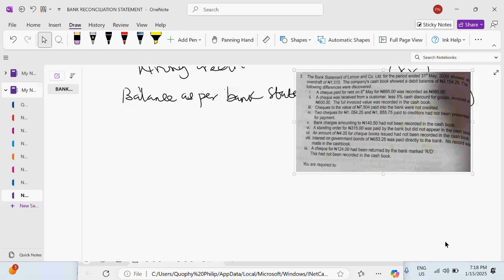I said that the question can come in two forms, either in a table form or in a statement form like what we are seeing. The two of them are all easy to go about.